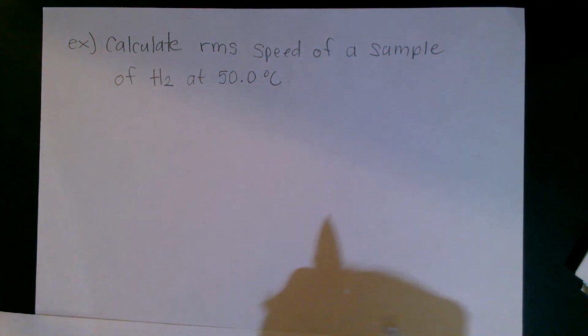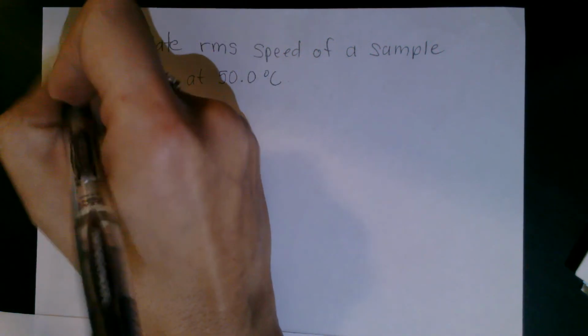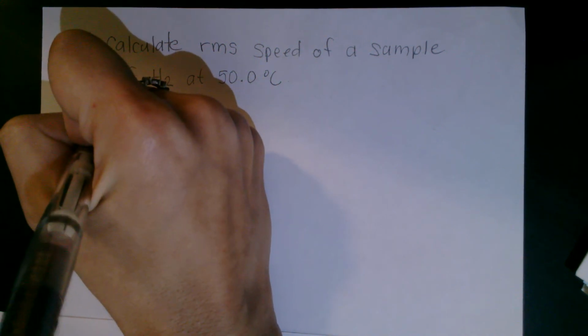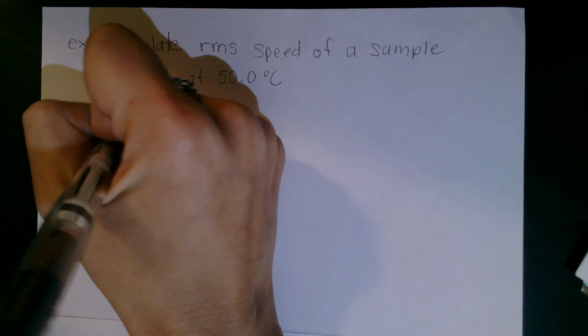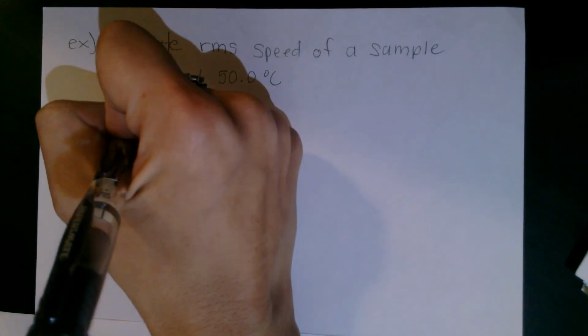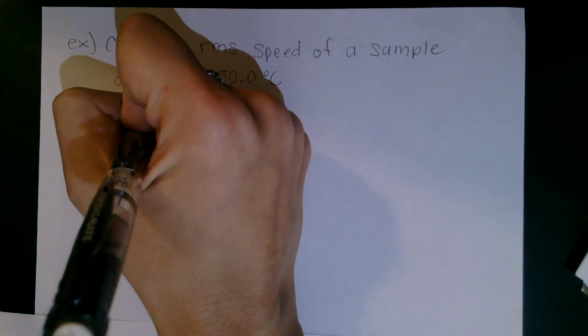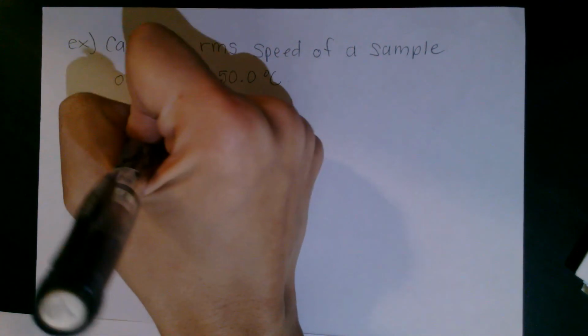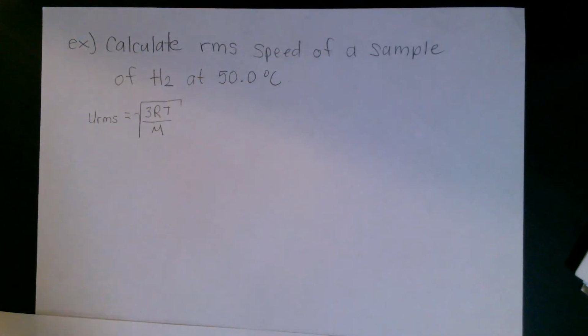This asks for root mean square speed. Your book uses U, it doesn't really matter. So the root mean square speed is equal to the square root of 3RT over M.